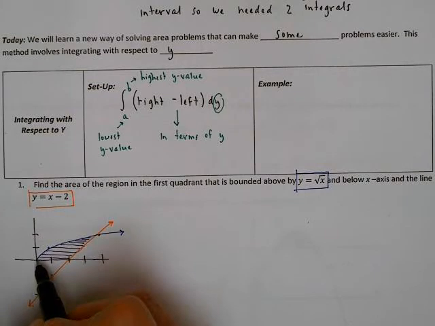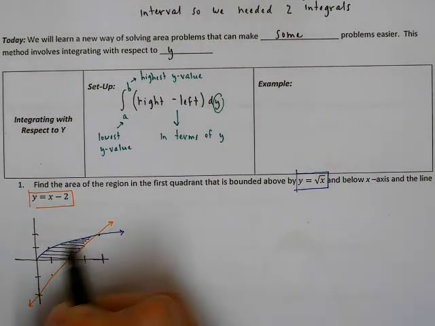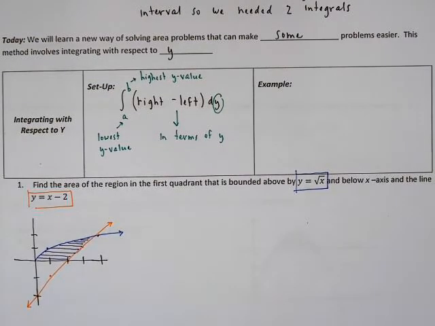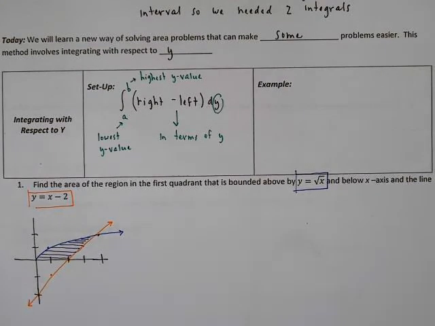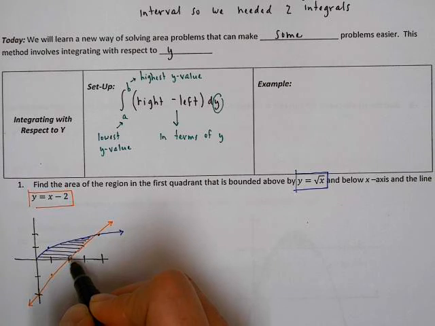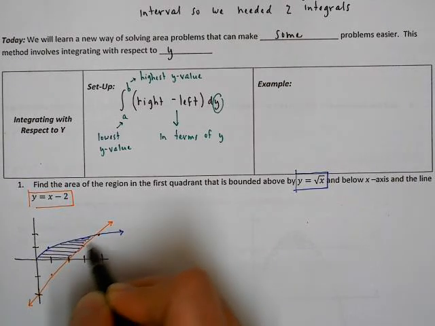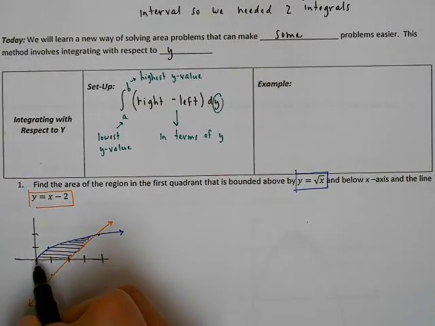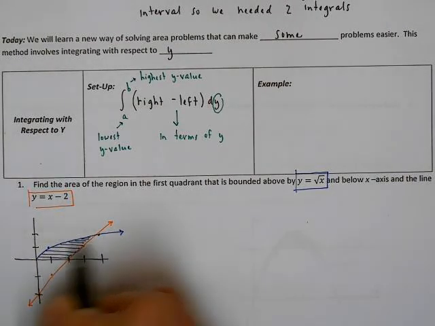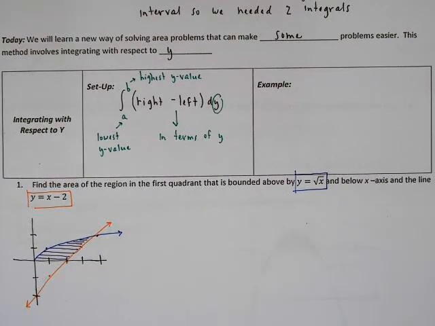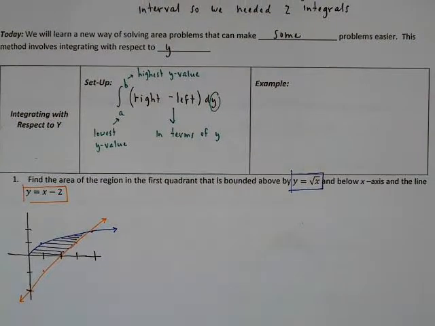And my left boundary here is always going to be the blue curve. So now I don't have to worry about having two separate integrals if I integrate with respect to y. Again, my right boundary is going to be this orange line, y equals x minus 2. My left boundary is the square root of x. So let's take a look here at how we would set this up.